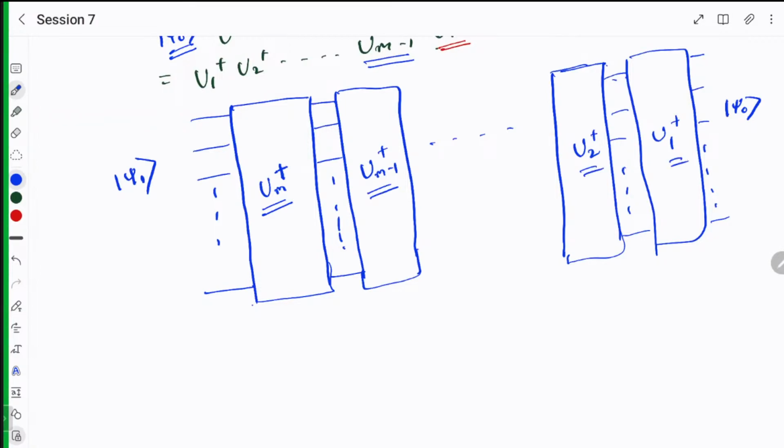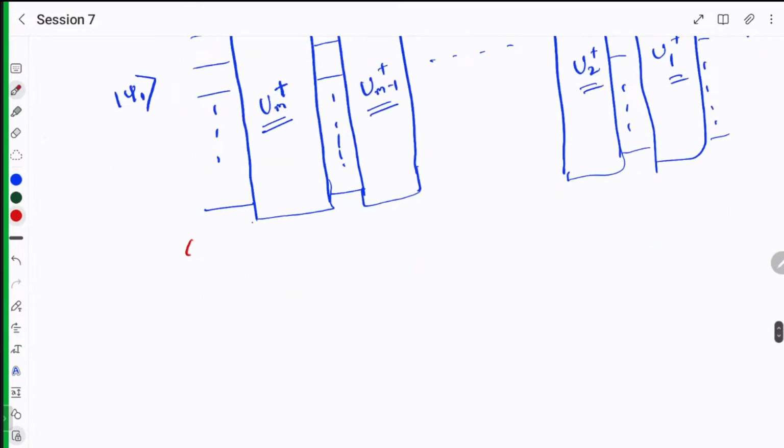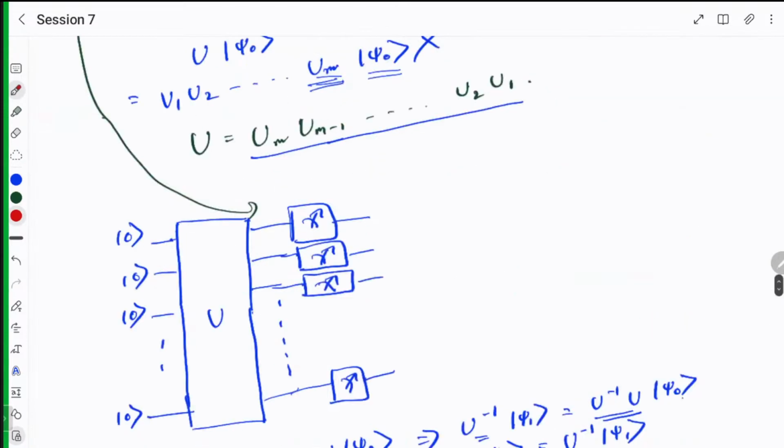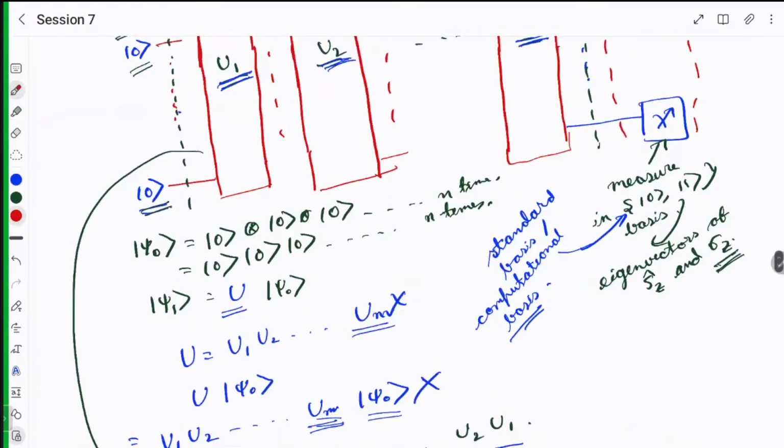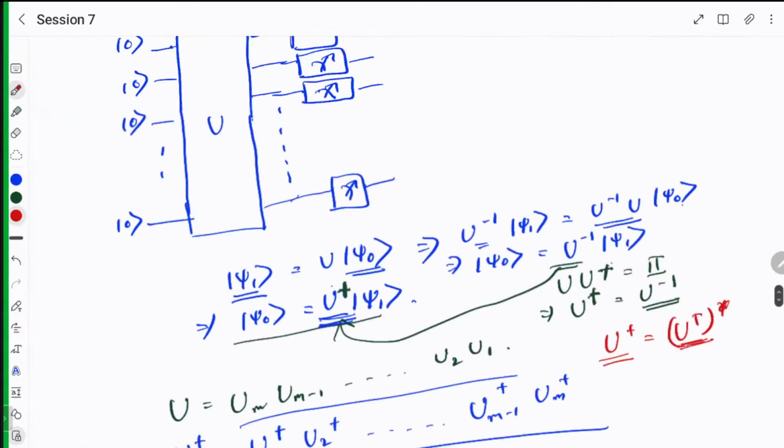So quantum circuits are reversible. But once you do the measurement here, the measurement process is irreversible. This cannot be reversed. So quantum circuits are reversible apart from the measurements.